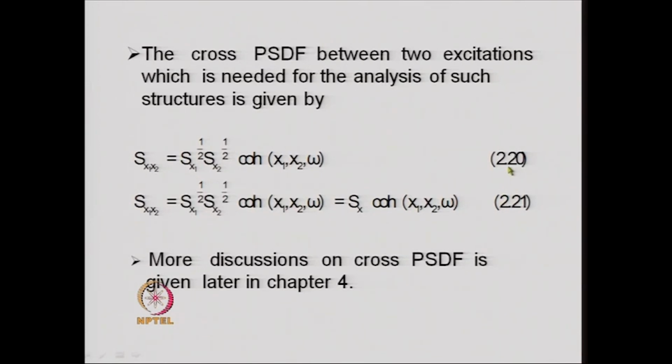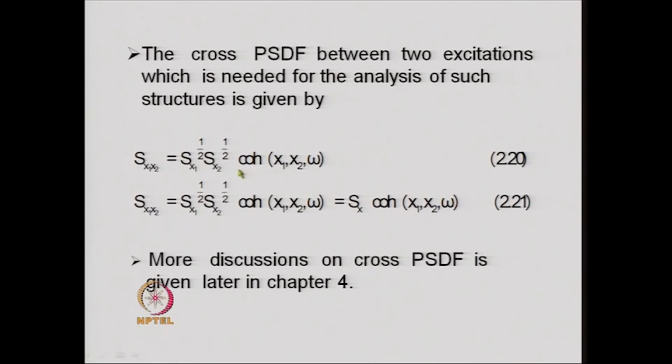If x1 and x2 are two points, then there exists a cross power spectral density function between the ground excitation at these two points, represented by Sx1x2. It can be written as Sx1 to the power half, that is the power spectral density function at point x1, times Sx2 to the power half at point x2, multiplied by a coherence function which is a function of x1, x2 and omega.